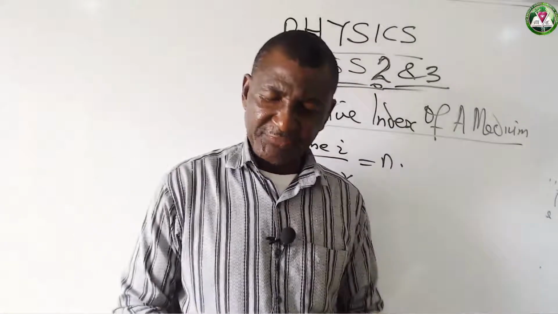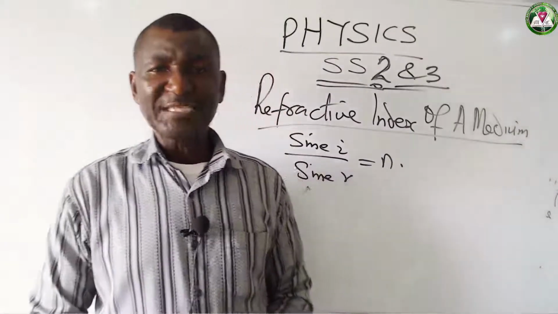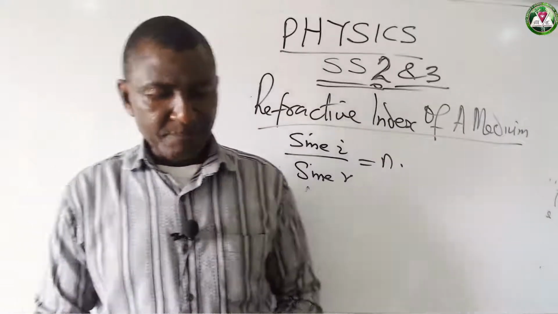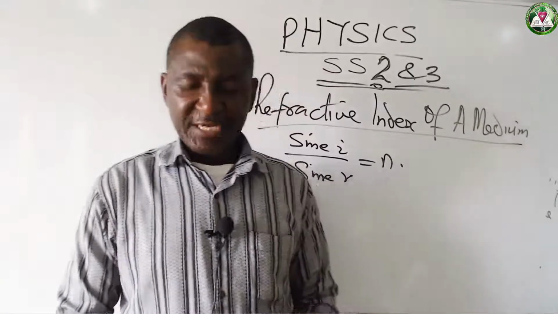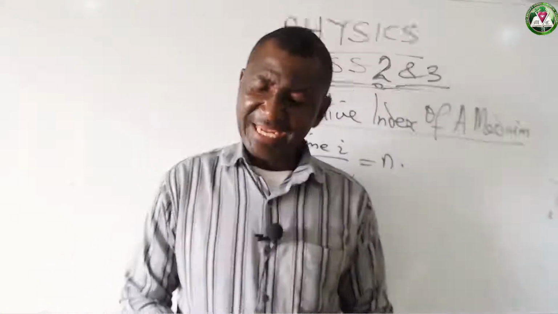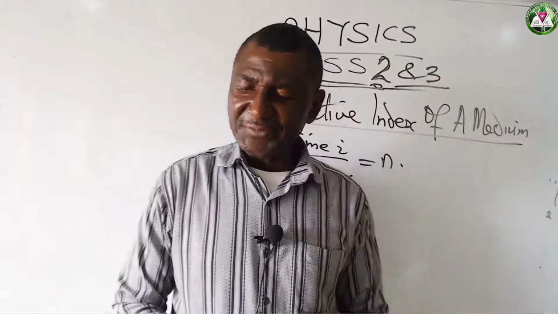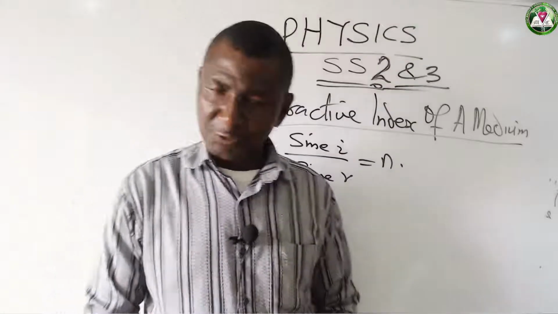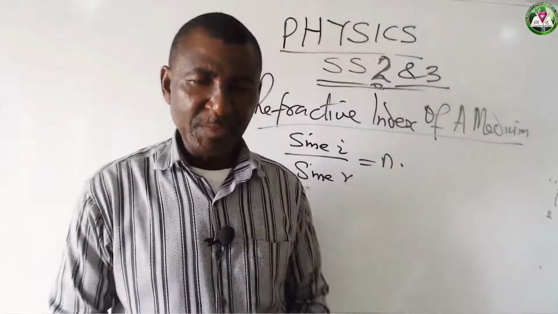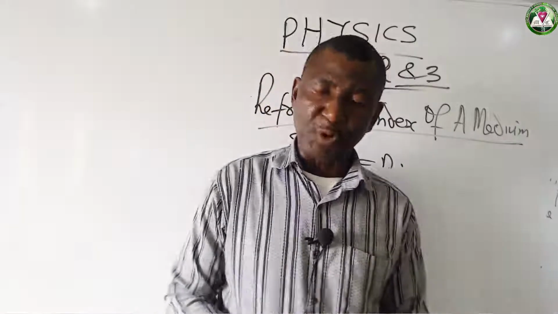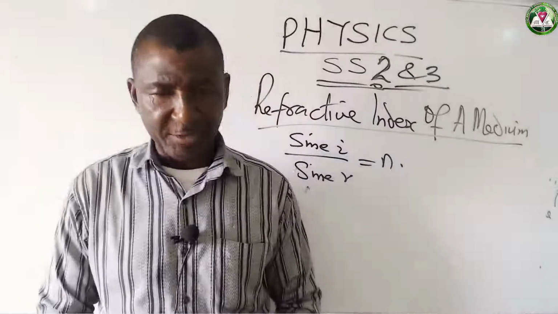What is refractive index? The refractive index of a medium is a number which gives a measure of refraction. Mind you, refraction is bending, so you can put in bracket, bending. I hope you are writing these points down very well.